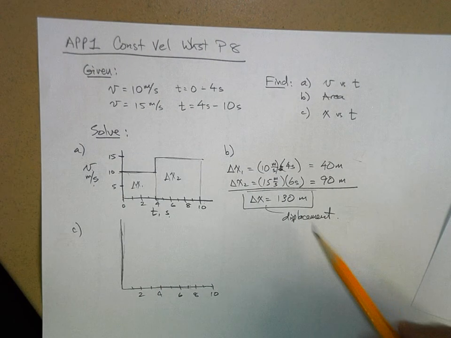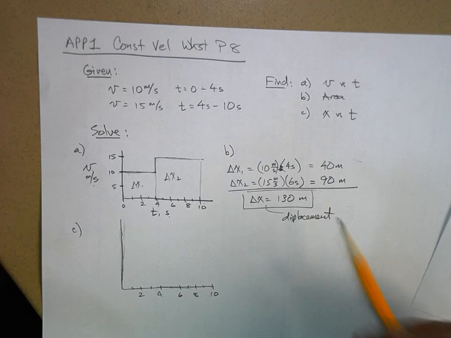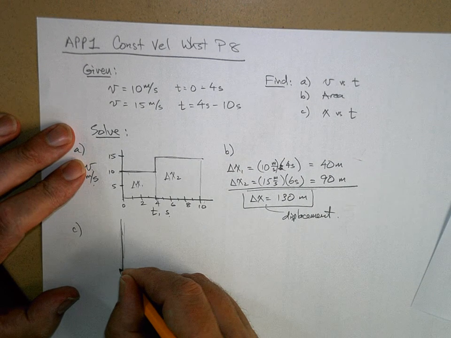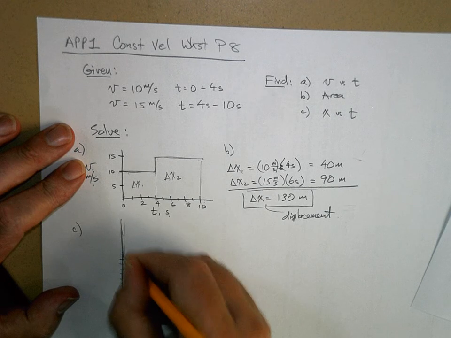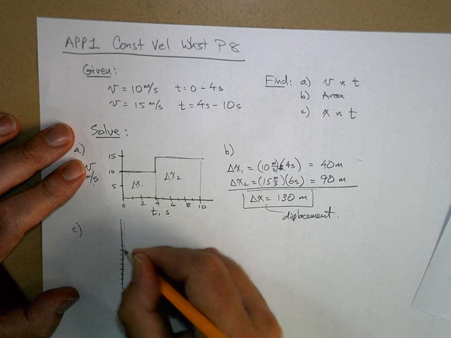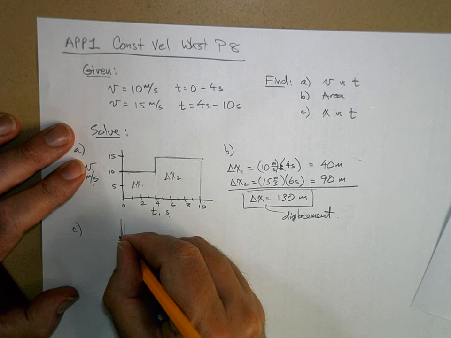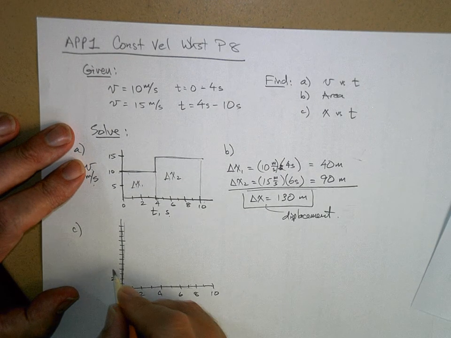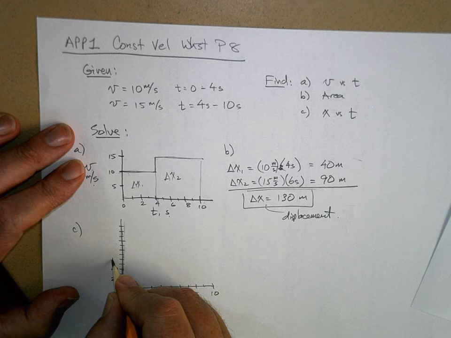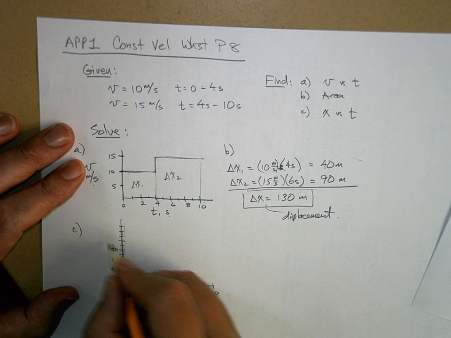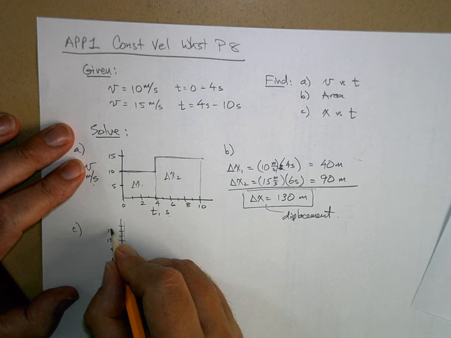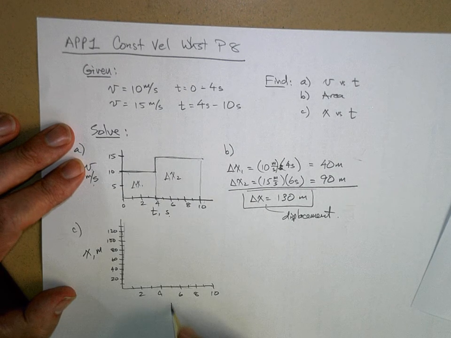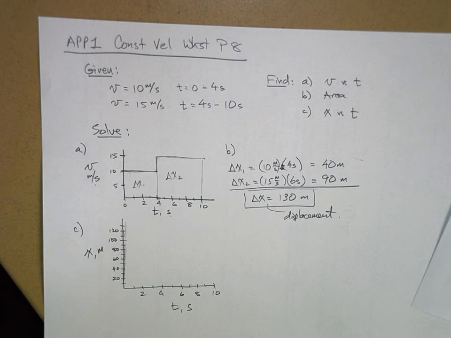Now, the maximum I'm going to go is 130. So we might as well go 10, 20, 30, 40, 50, 60, 70, 80, 90, 100, 110, 120, 130. So I'll go 20, 40, 60, 80, 100, 120. And this is position in meters. This is time in seconds.